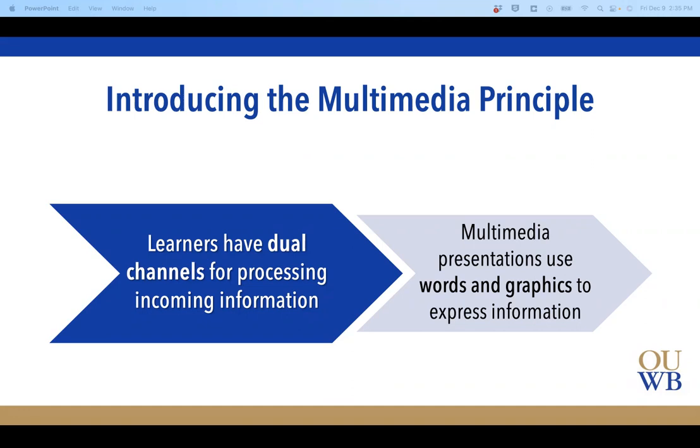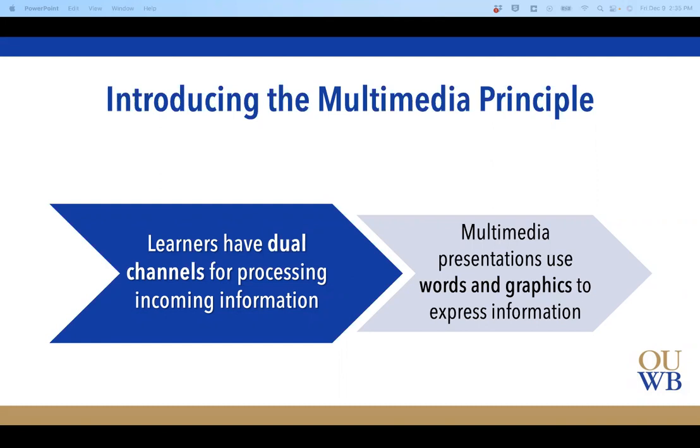If you're only presenting information as words, or only as graphics, you run the risk of more easily overrunning one of those two channels and therefore overloading cognitive processing. Whereas if I'm presenting information pictorially and auditorially, learners can more effectively engage in both of those processes in parallel.